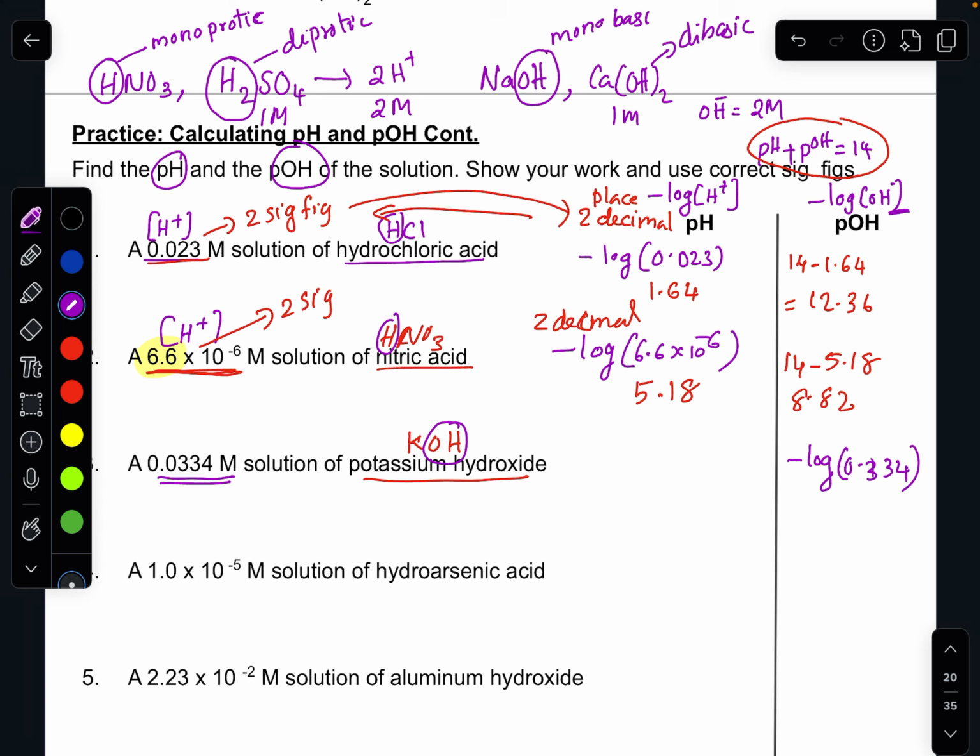Okay, so you will get an answer which is 1.476. Okay, now sig fig. This one has 3 sig fig, right? So we need 3 decimal places in your answer.